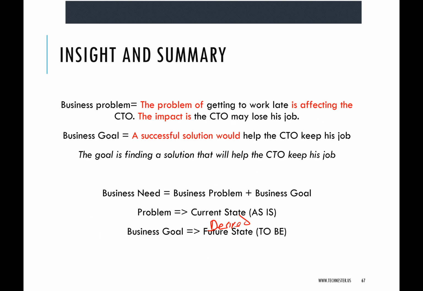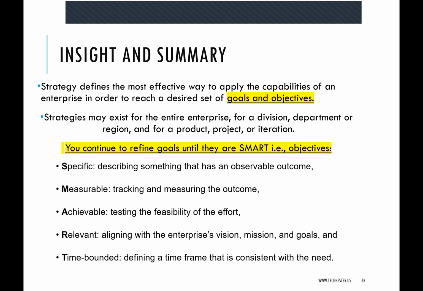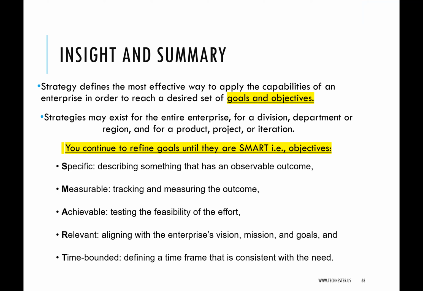Business problem is the current state. That future state is not clear, because it can't be clear at this point. You will now start to refine it. Even in the strategy analysis space, you start to refine it by asking more questions. You make that future state clearer. So that goal, you make it clearer.